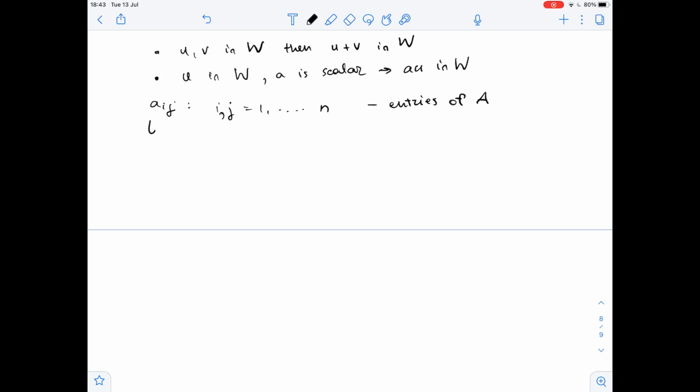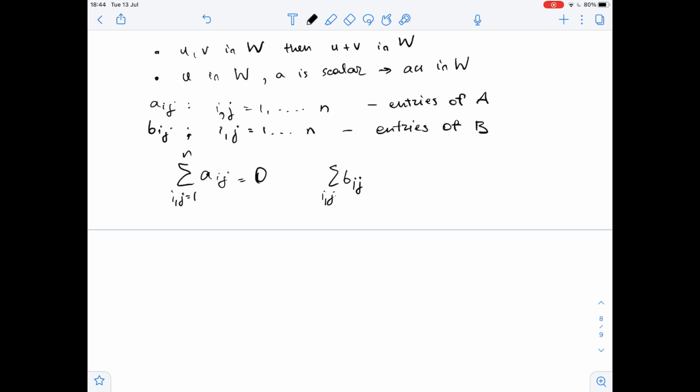Then the sum of Aij, where i and j go from 1 to n, equals 0, and the sum of Bij also equals 0.